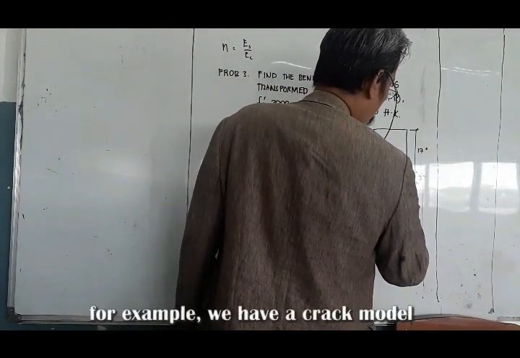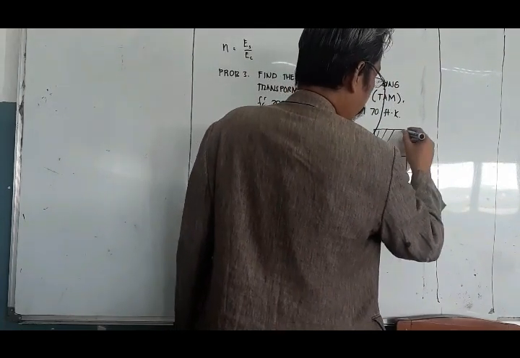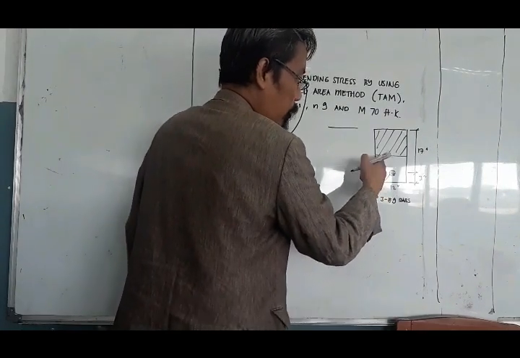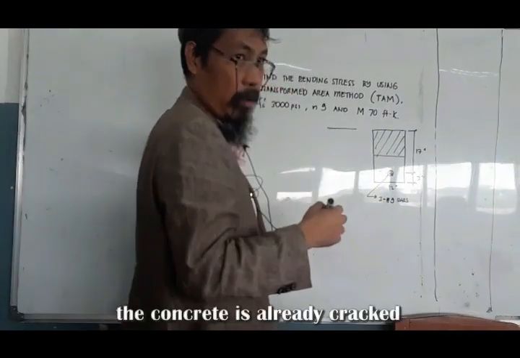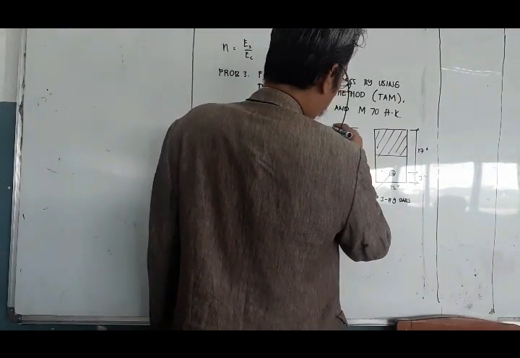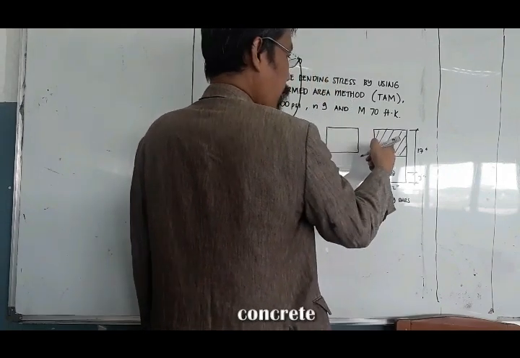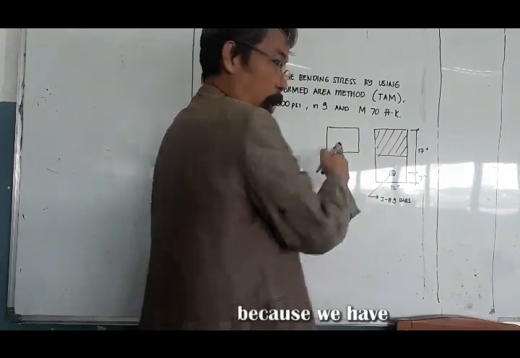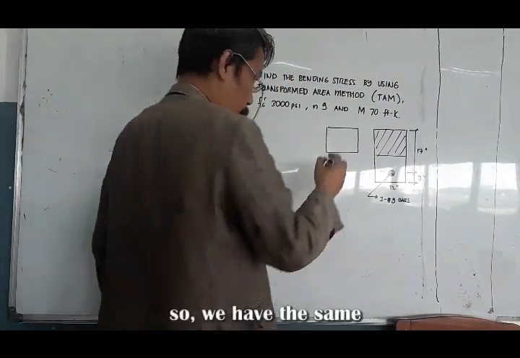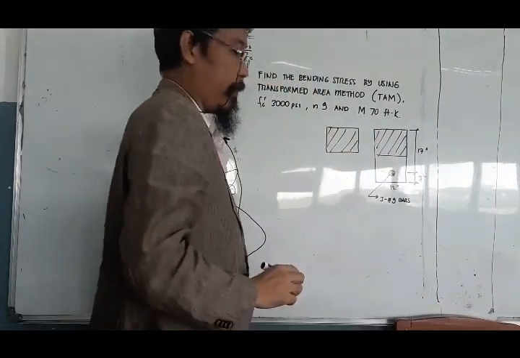Okay, so we have a crack model now. For example, this is the uncracked, and from this point to this point the concrete is already cracked. So we have the following equivalent, because we are using concrete as the base material. We have the same area, right?